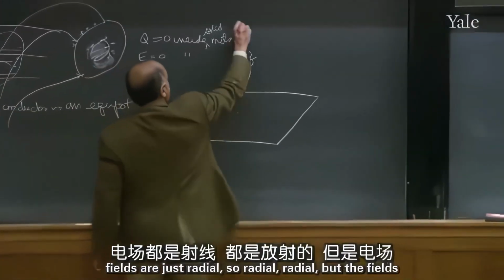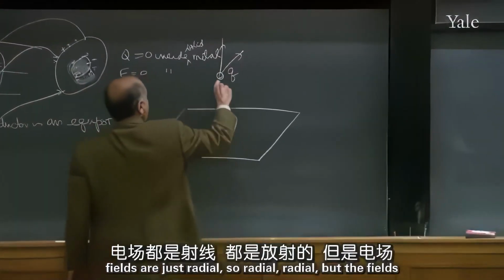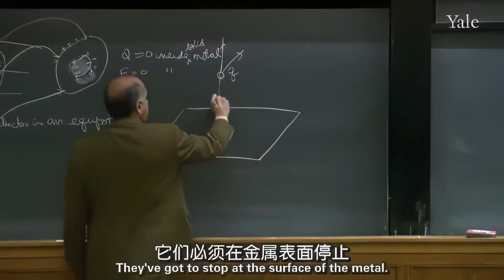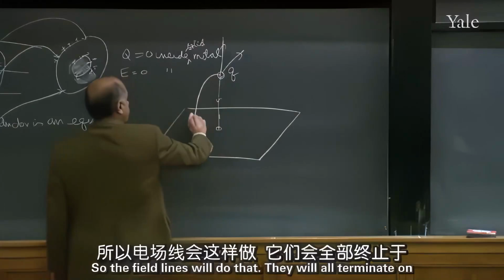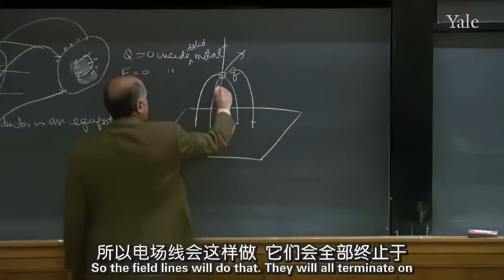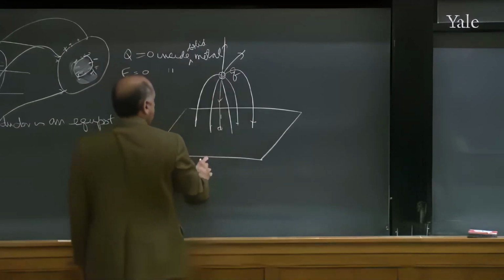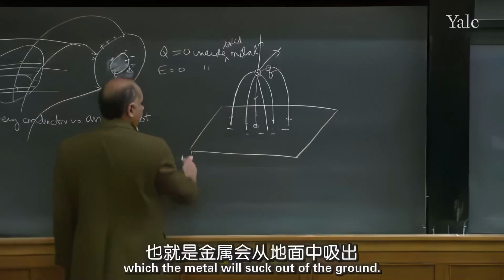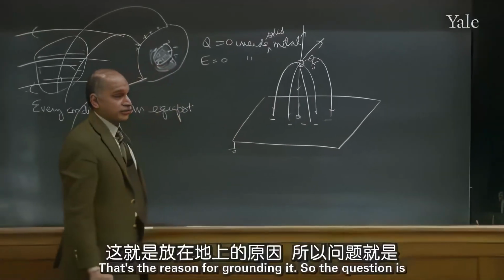So radial, radial. But the fields come near this metal. They cannot penetrate. They got to stop at the surface of the metal. So the field lines will do that. They will all terminate on the metal. And to terminate, you need some negative charge, which the metal will suck out of the ground. That's the reason for grounding it.